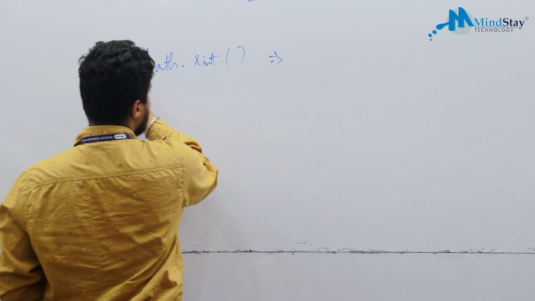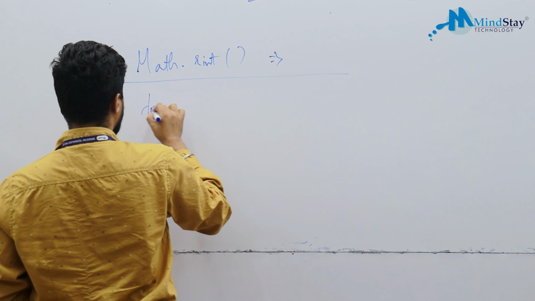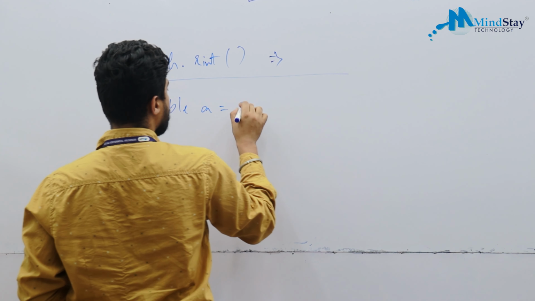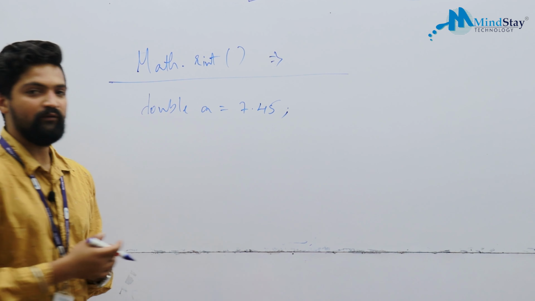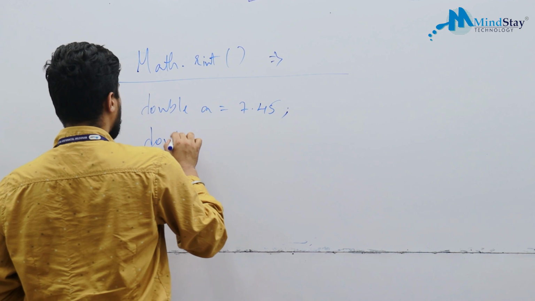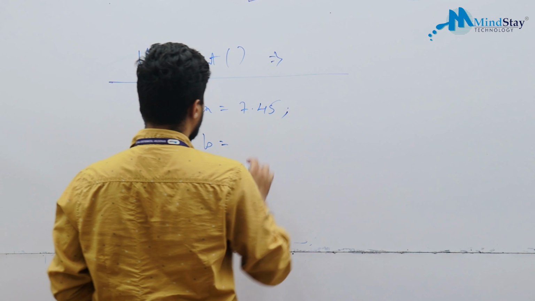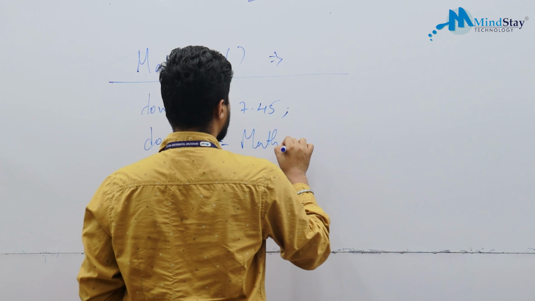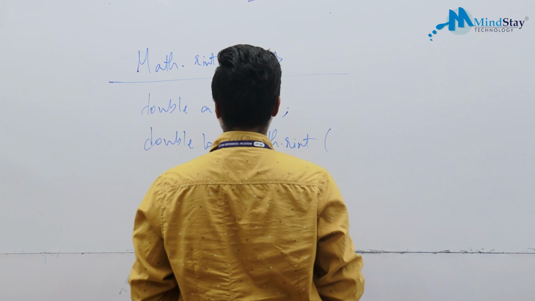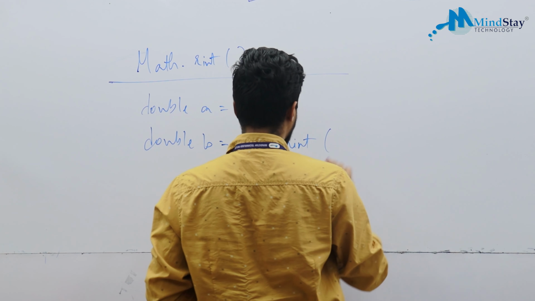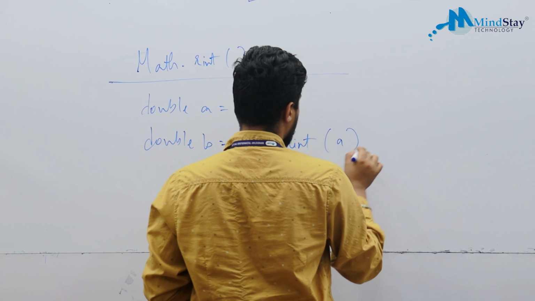Let us say I have double A is equal to 7.45, and I have double B is equal to math.rint of A.